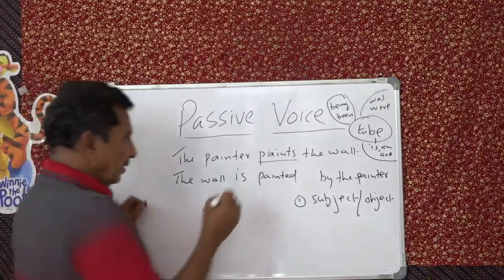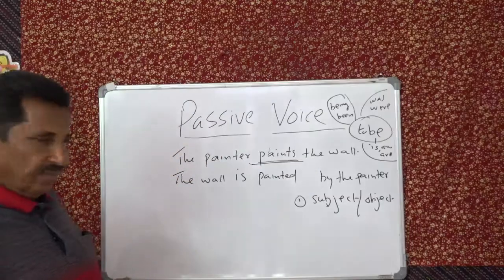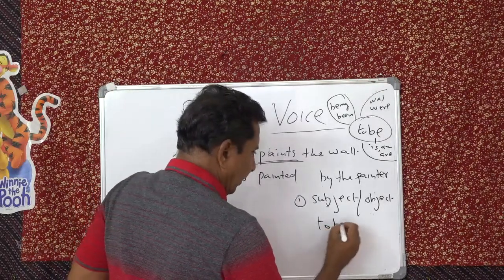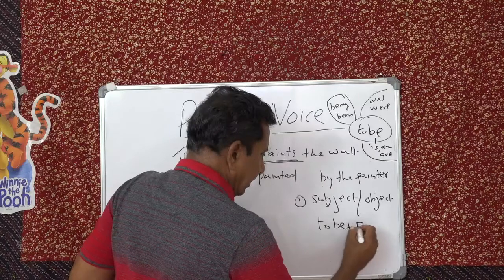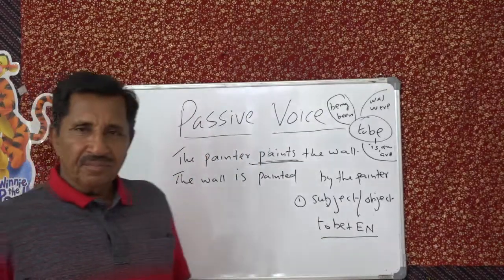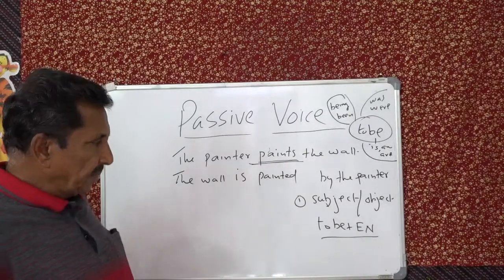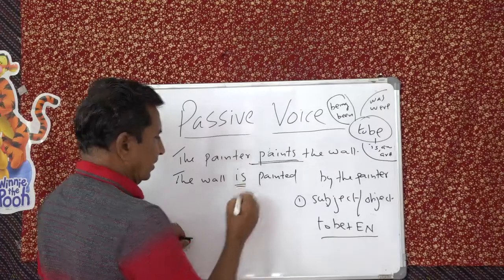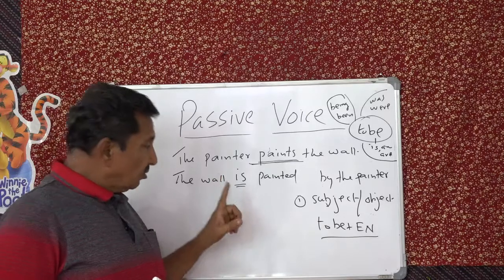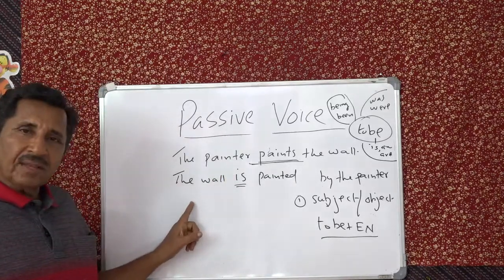Then the active verb has to be made passive. The basic passive is to be plus en. This is the passive formula. There will be variations depending on the tense. To be is here. Now who will decide whether it should be is or am or are? That will be decided by the subject.